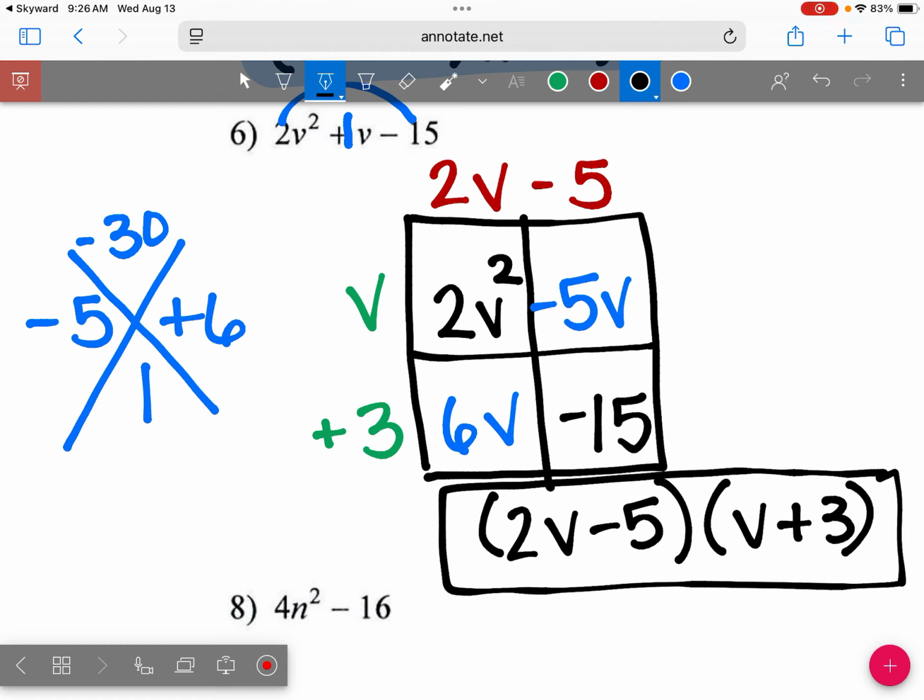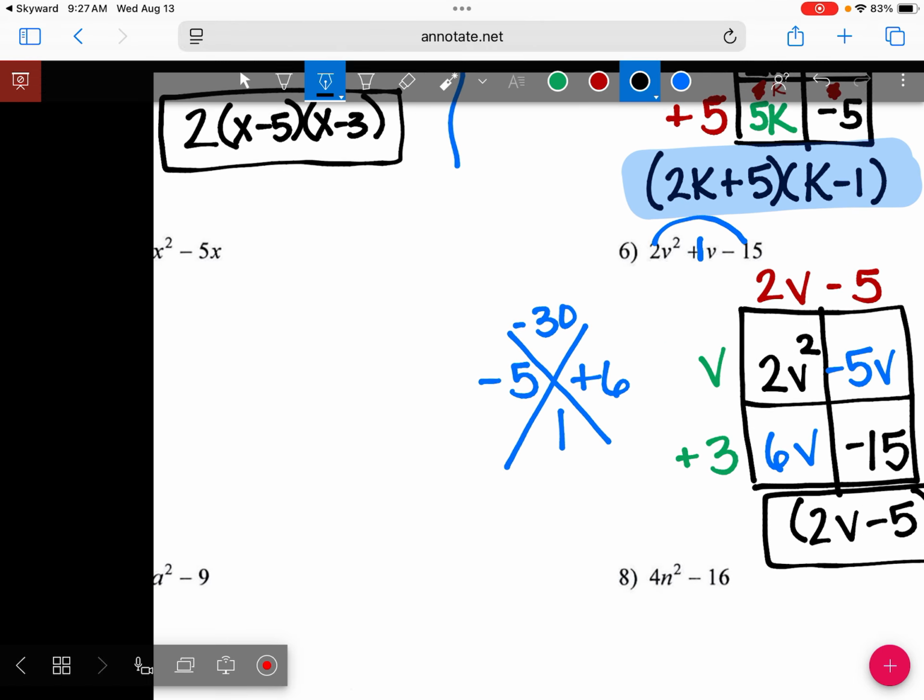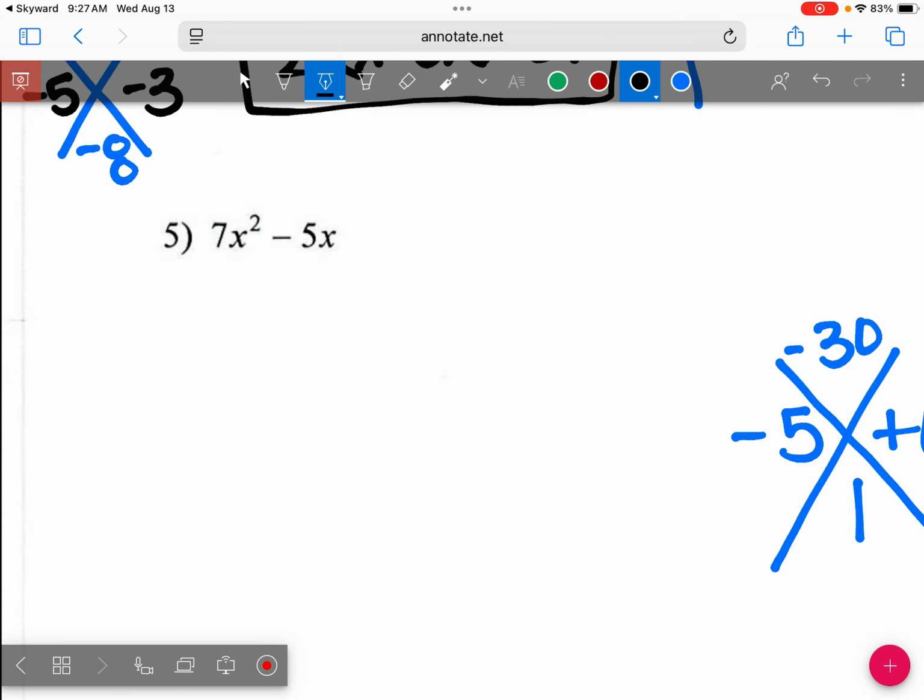All right, so now let's look at the ones we have left over. Whenever you have only 2 terms, sometimes it's a pattern called the difference of squares, and sometimes all we can do is take out the GCF. So let's go backwards to number 5. If you look in the front of the room, does everyone see those pink numbers? They're called perfect squares. Those are the numbers that we'll use for this special pattern. 7 and 5 are not up there.